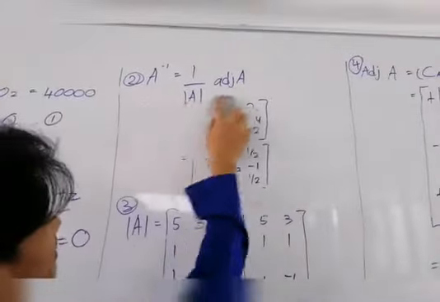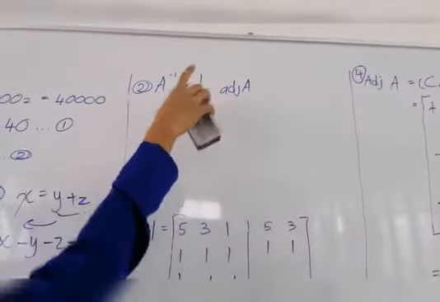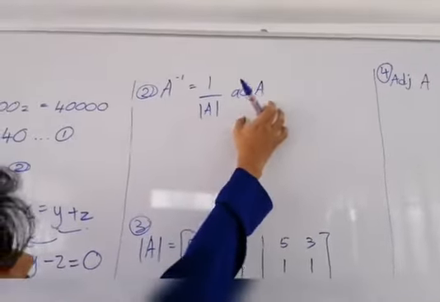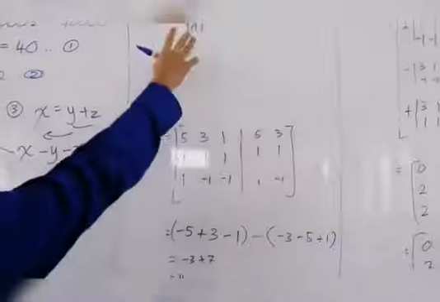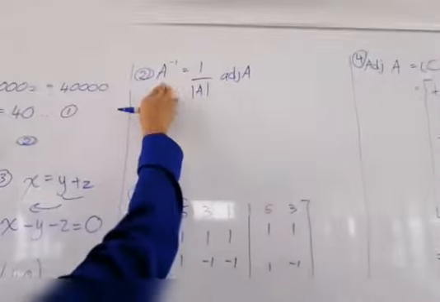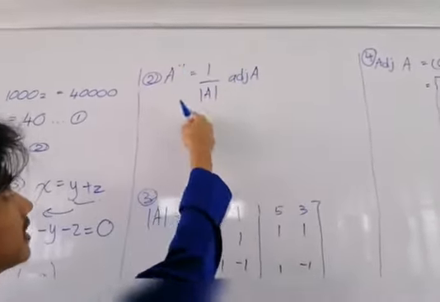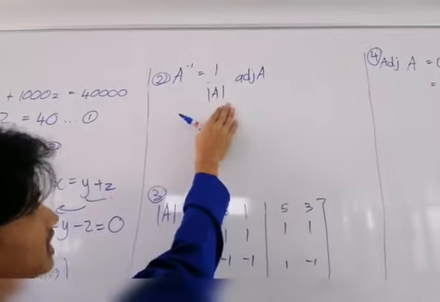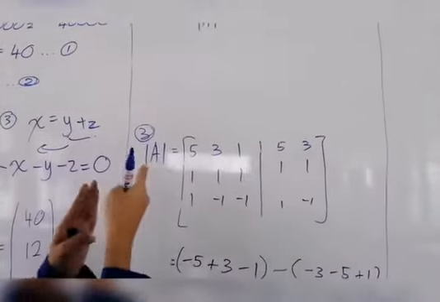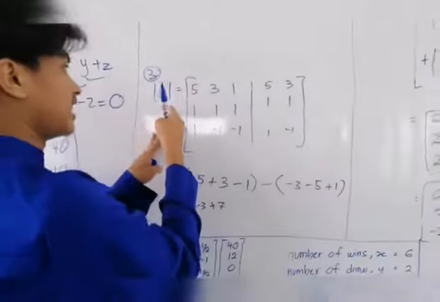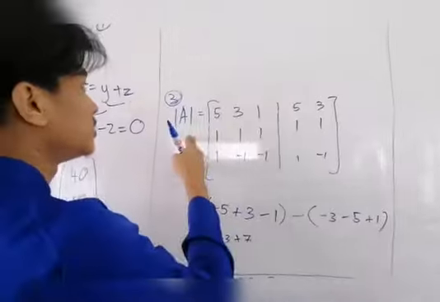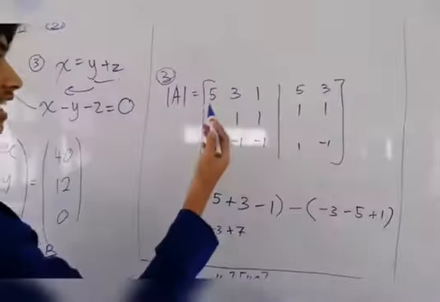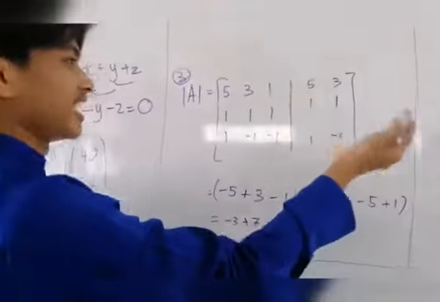The formula of A inverse is 1 over the modulus of A, times the adjoint of A. Before we can get A inverse, we must get the modulus of A. To find the modulus of A, we use diagonal expansion. So I have written this.